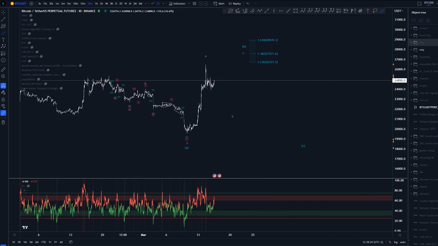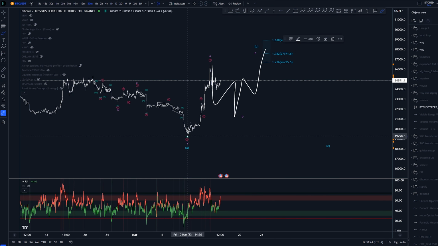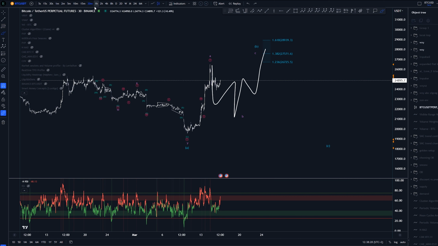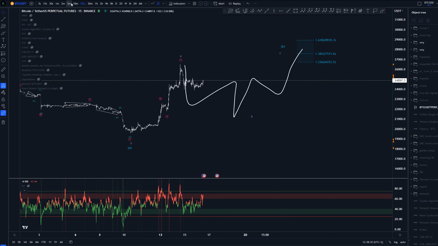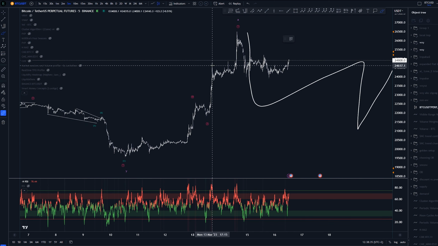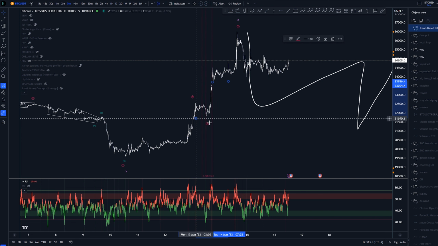So let's talk about the other scenario that I was just mentioning, the WXY count here: 3-wave in here, consolidation and 3-wave here. Now if we look a bit closer, we can see that the time it took to create this flat structure here, or running flat, is actually larger than this whole X wave here.